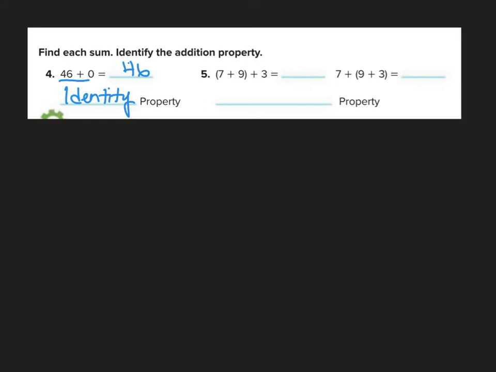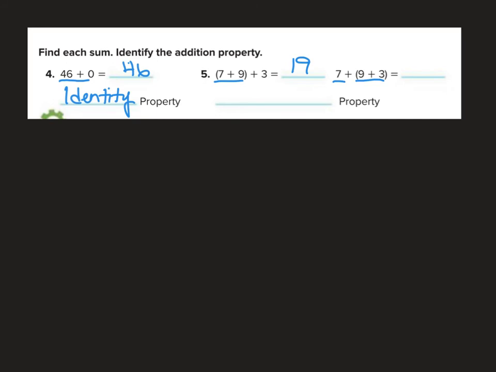Okay, so here I'm seeing 7 plus 9. Do it first, then add in the 3. Or I can do 9 plus 3 and then add the 7 in. In either case, let's see, 9 and 7 is going to make 16, plus 3 more is 19. Ugh, it's not fun to do.